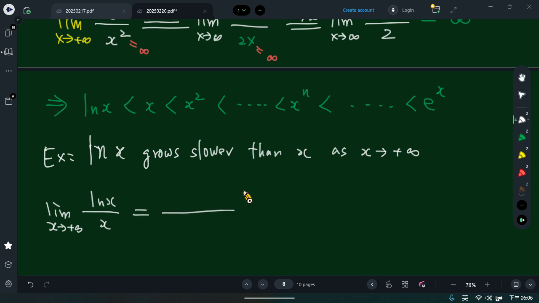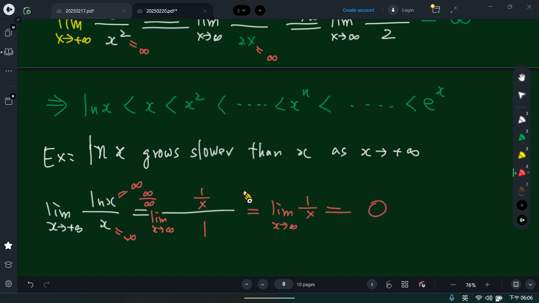Then you can see here is positive infinity, this is positive infinity, so we encounter positive infinity over positive infinity. So we can continue to calculate the limit as x is approaching positive infinity. This part is 1 over x. This is 1. So finally, we get the limit as x is approaching positive infinity of 1 over x.